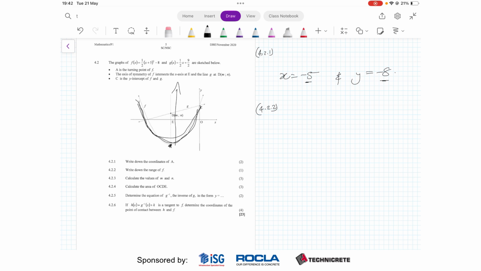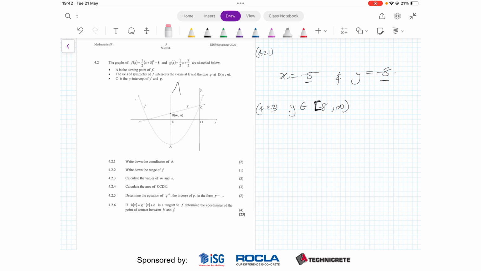Therefore, y must be an element of [−8; ∞). Notice here I used the square bracket to show you that y starts by taking on a value of minus 8 at the turning point. It's inclusive.